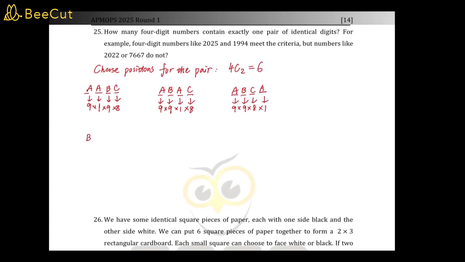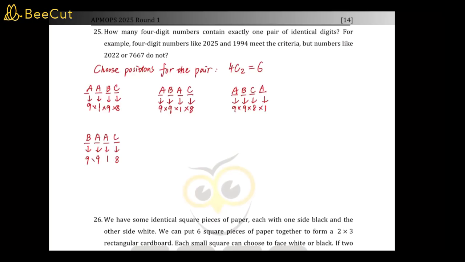And if we put the A in the middle, BAAC, the B can be any number from 1 to 9. And since the A and B are different, A is 10 minus 1, 9 ways. Second A is 1 way.